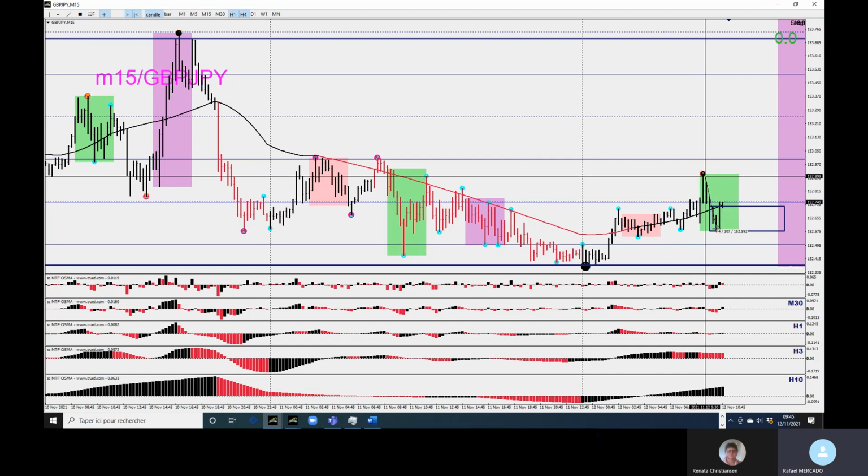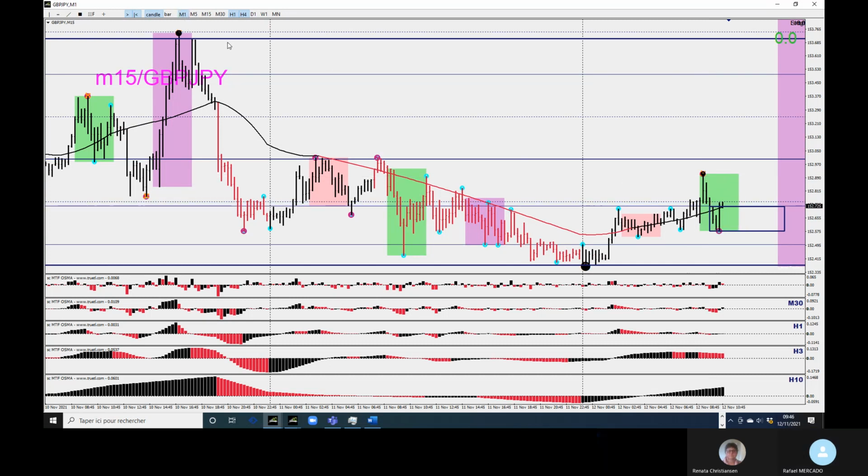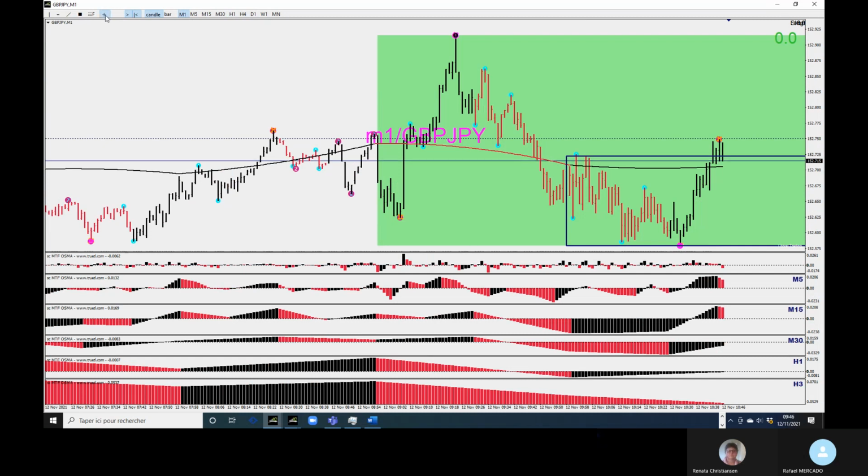So after you've done your analysis, that's how you look at it. You look at your 10 hour as your overall trend. If you want to scalp, you look at when your 3 hour changes color, and that's your scalp play. Now, your scalp play you have to take with a grain of salt. You don't know how far it's going to go.